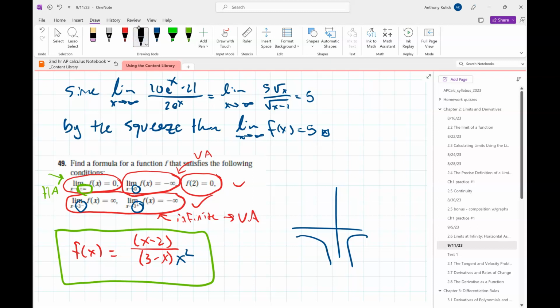Yeah, I feel like I can do it, but I can't do it myself. Right. And that's okay. This is a hard question because I'm asking you to go the opposite direction, right? Rather than giving you the thing and asking you to find the asymptotes using the limits, I'm giving you the limits and asking you to come up with the thing, right?